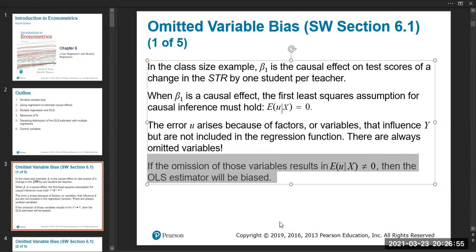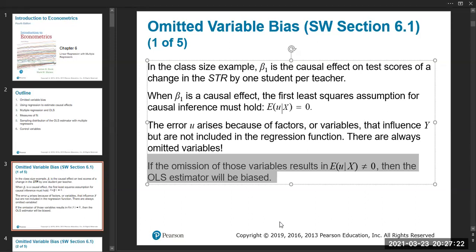All of these factors are fine. We don't need to include all of them as long as they satisfy conditional mean equals 0. However, if their conditional mean given x is not 0, which breaks our assumption, then they cause omitted variable bias.